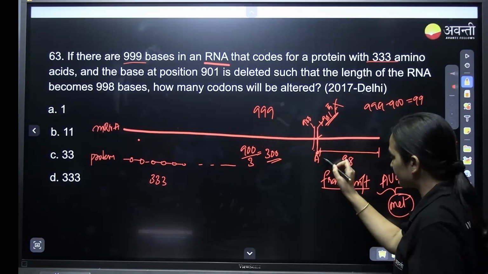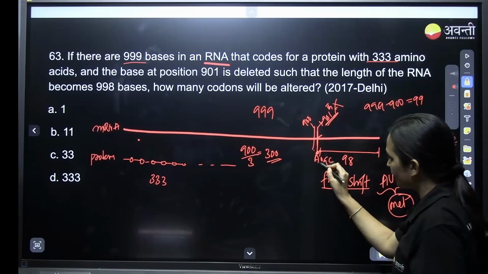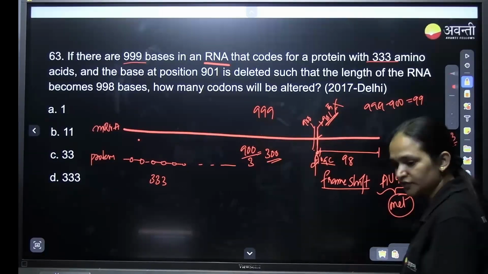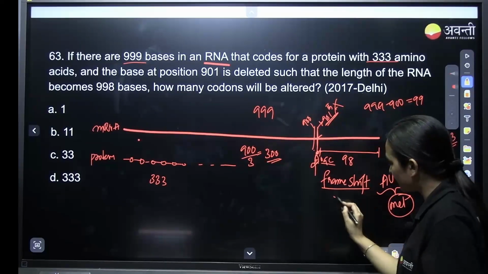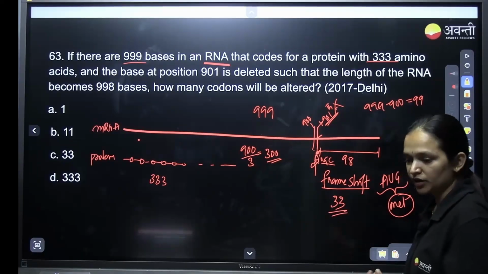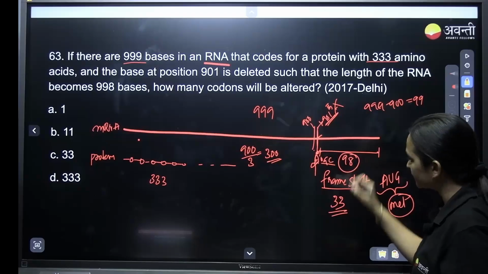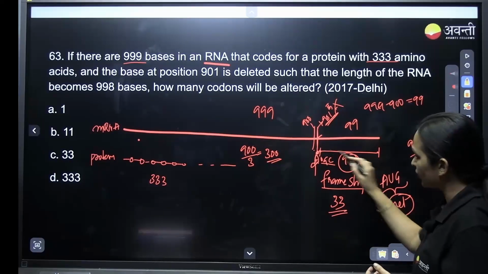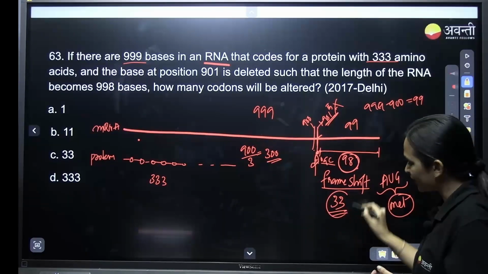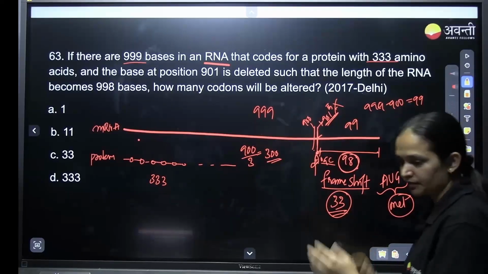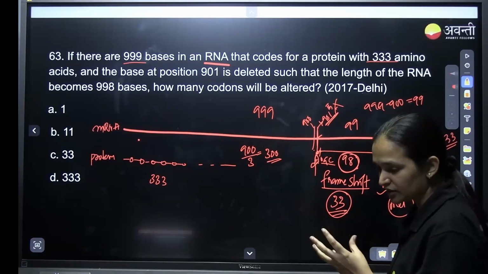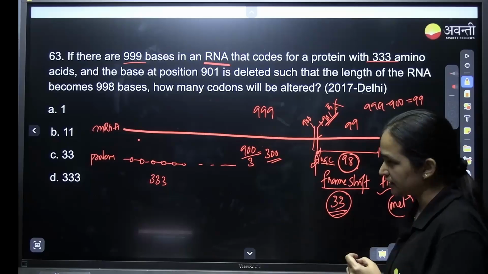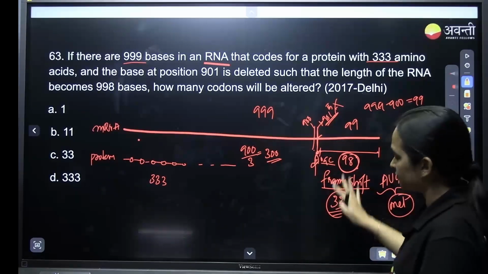For example, A, U, G, C, something was there, and the A got deleted. Now it started with UGC. The first amino acid itself is wrong. So all the 33 amino acids coded by these 98 bases will be wrong. It was 99 previously, now one got deleted, and all the amino acids are shifted, which means all are wrong.